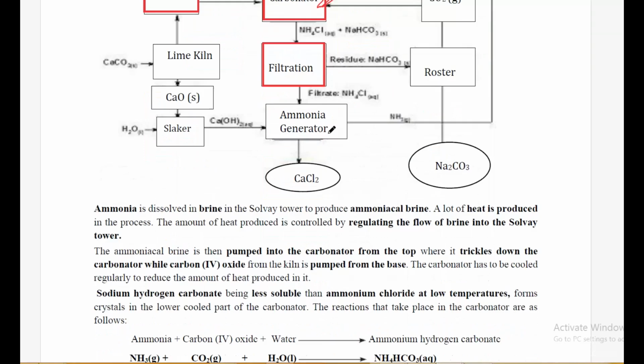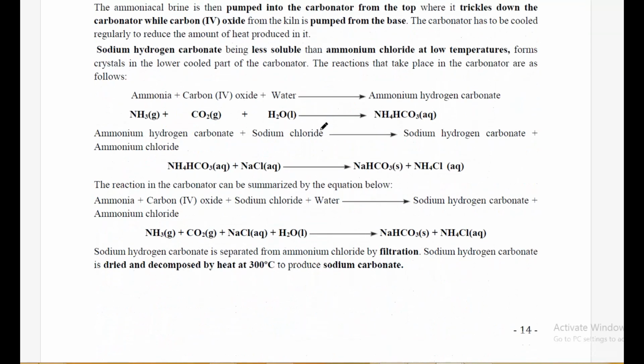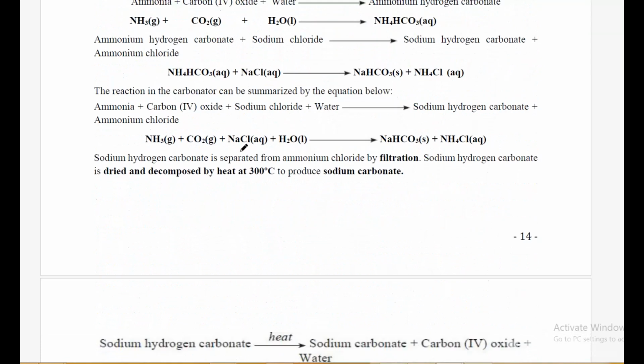So the reaction in the carbonator is generally this one here, where ammonia combines with carbon dioxide with sodium chloride plus water to form sodium hydrogen carbonate plus ammonium chloride.